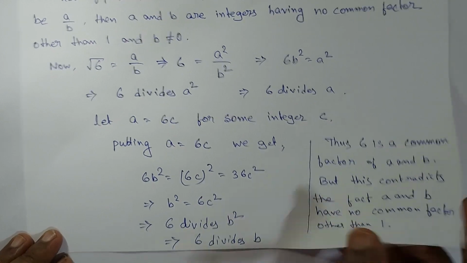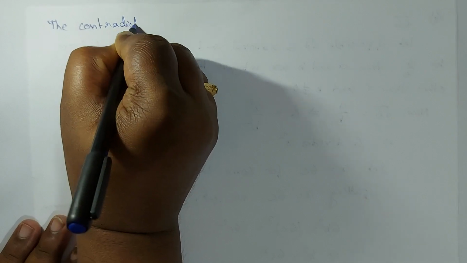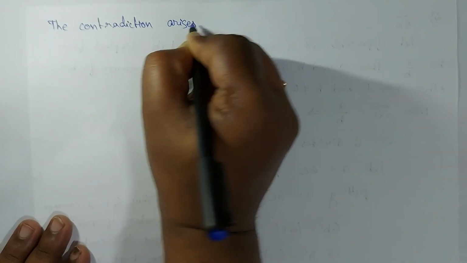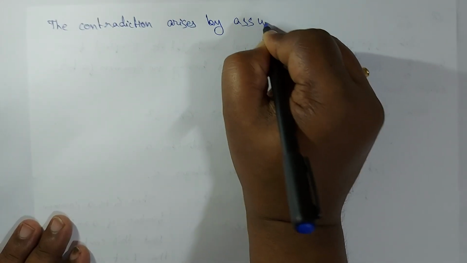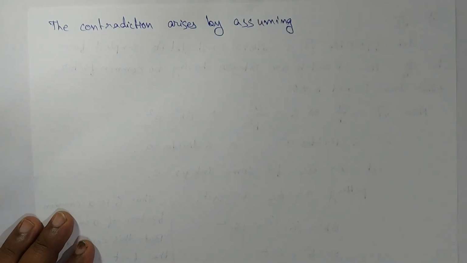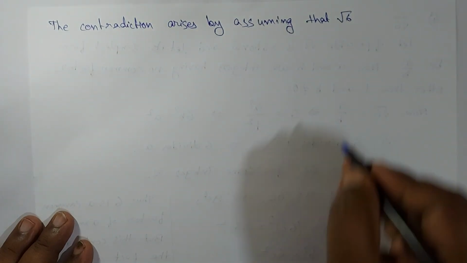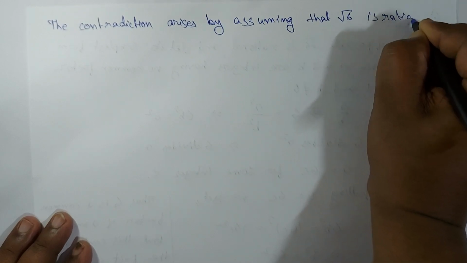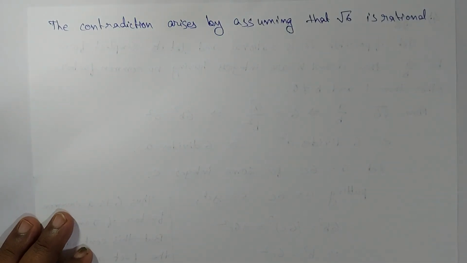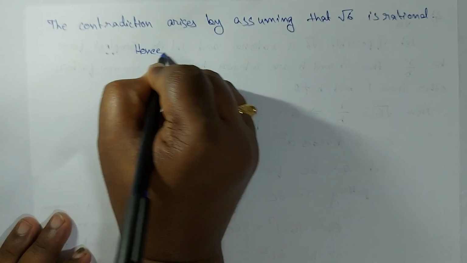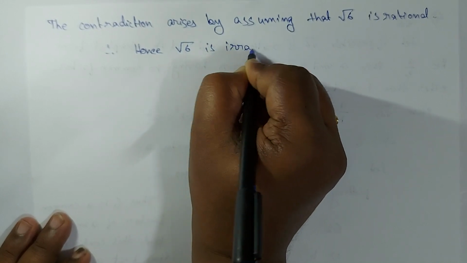Up to this, understood? The contradiction arises by assuming that root 6 is rational. Hence root 6 is irrational. It is proved.